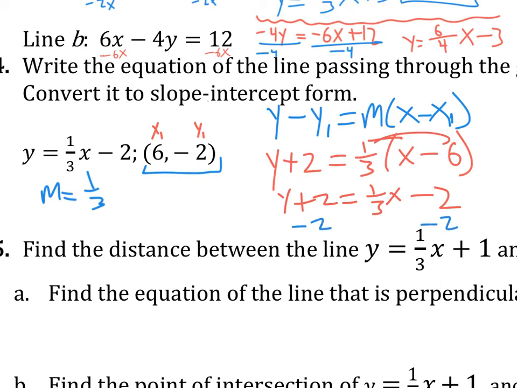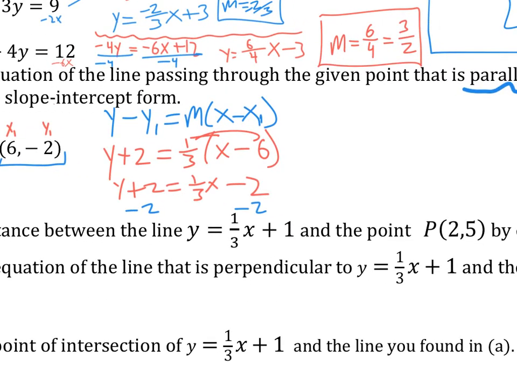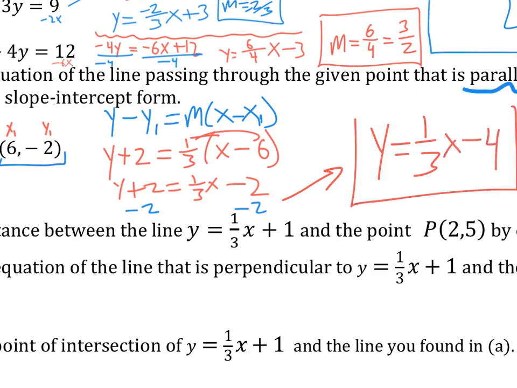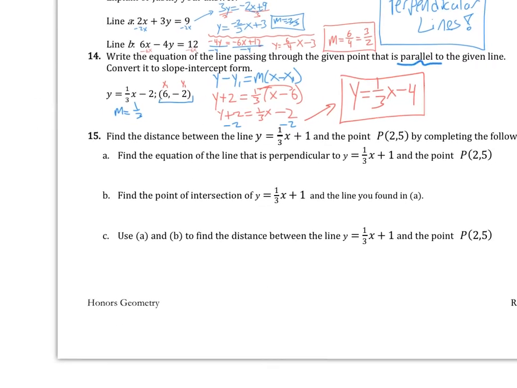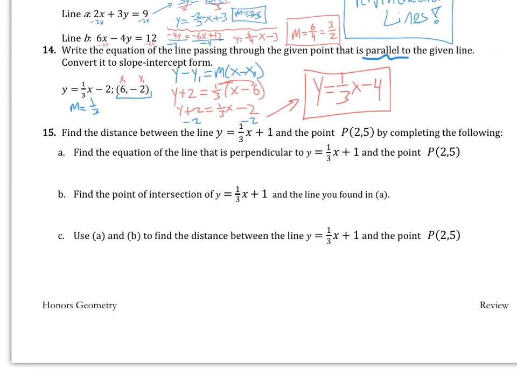So let's get the 2 off the left side. And that's going to be a -4, right? So we end up with y equals 1/3 x minus 4. So we can start in point slope form, and if we need to, we can change it into slope intercept form pretty easily. All right, good with that.